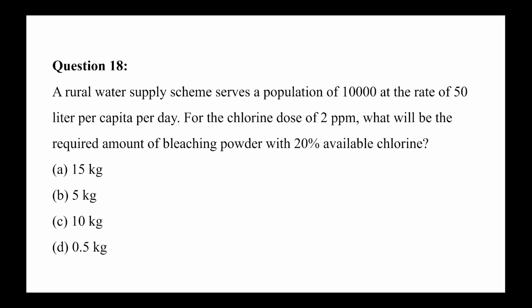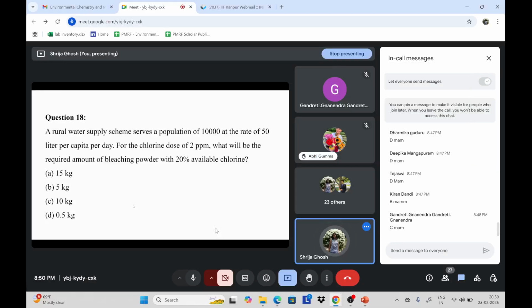Question number 18. A rural water supply scheme serves a population of 10,000 at the rate of 50 liter per capita per day. For the chlorine dose of 2 ppm, what will be the required amount of bleaching powder with 20% available chlorine? Now in this question, it is already given that the bleaching powder has 20% available chlorine.